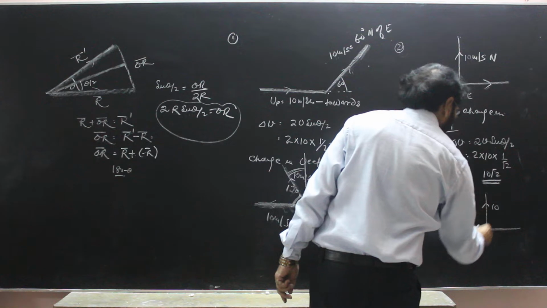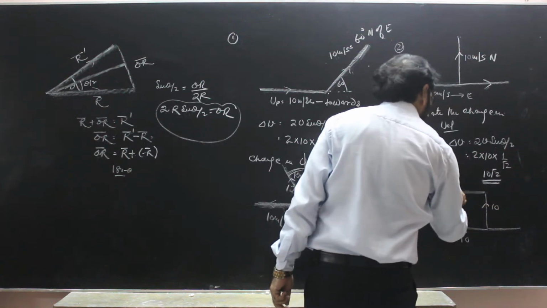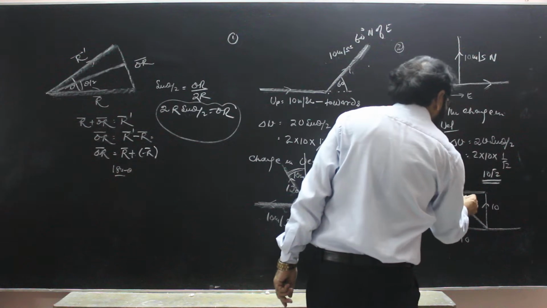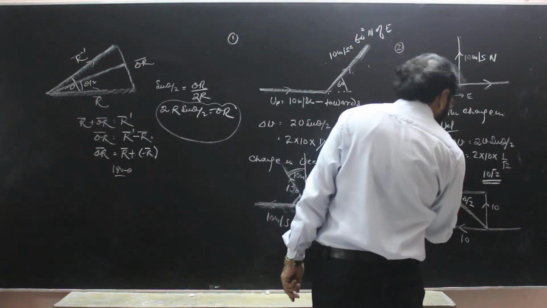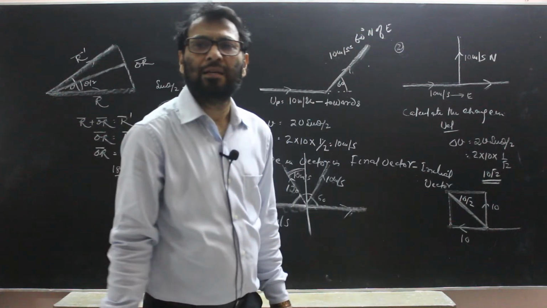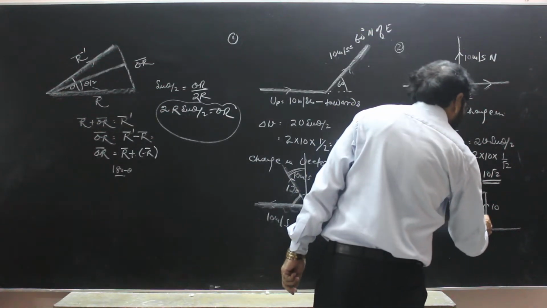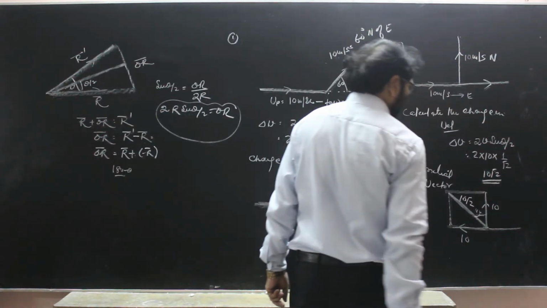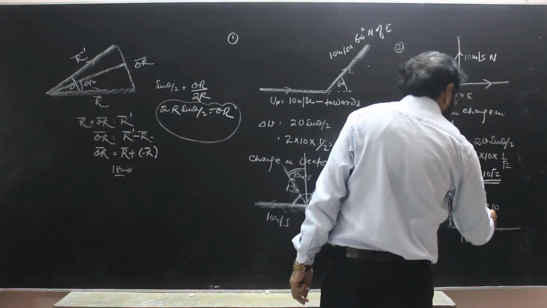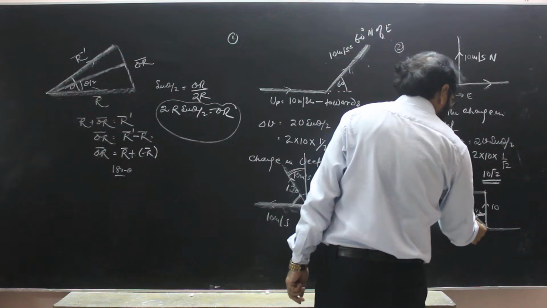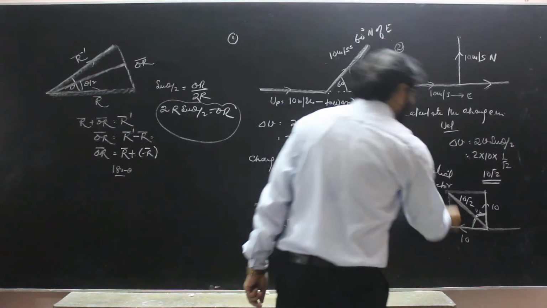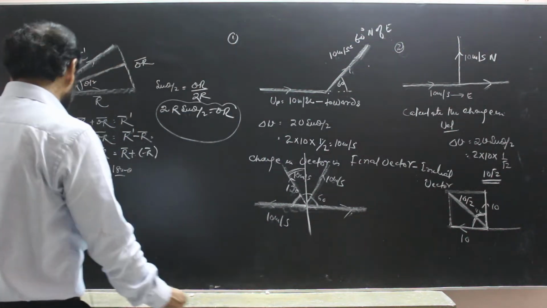It is 10 and it is 10, and we know that the resultant of two equal vectors at 90 degrees is 10 root 2, and two equal vectors always bisect each other. So again it makes an angle of 45 degrees, so it is 45 degrees west of north, or 45 degrees north of west, or it is northwest, 10 root 2 northwest.